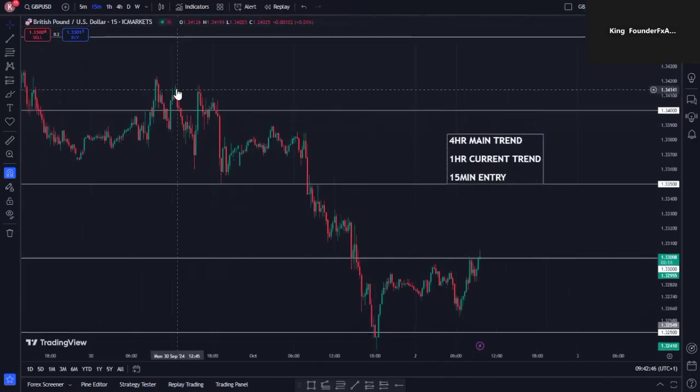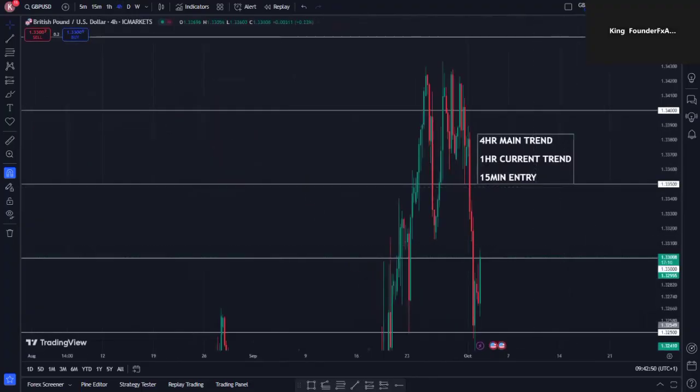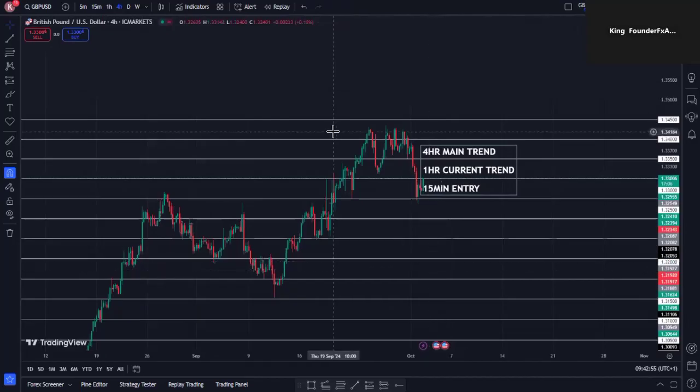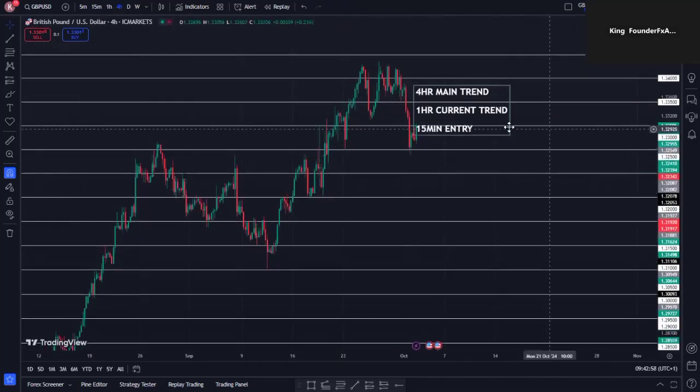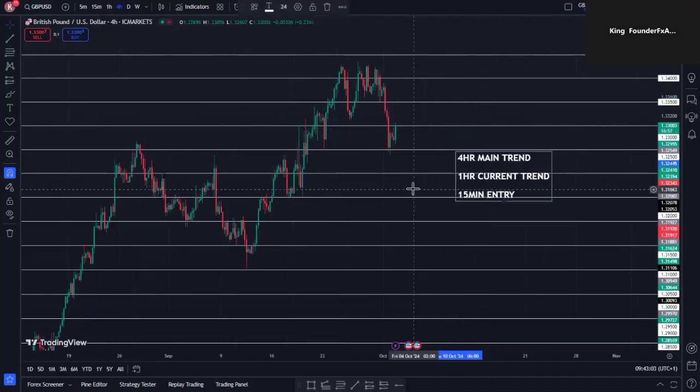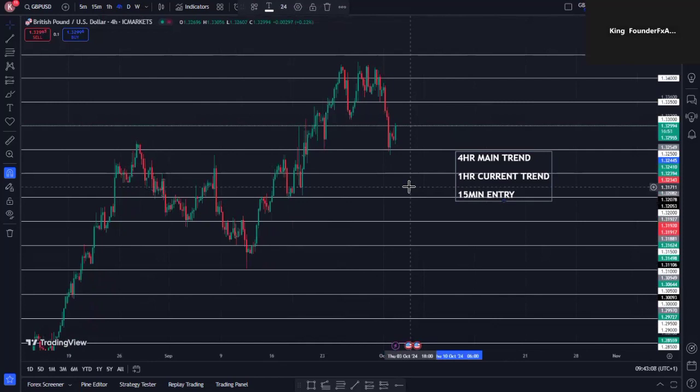Good. So right now I'm going to go on 4 hours, and this is on 4 hours. Do not mind the horizontal lines. These are called psychological levels, and I will explain that to you guys very soon. So before getting to a trade, there are three things I mostly do, right?